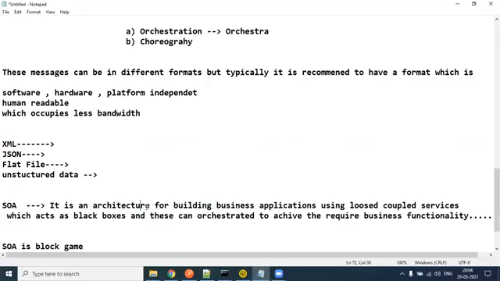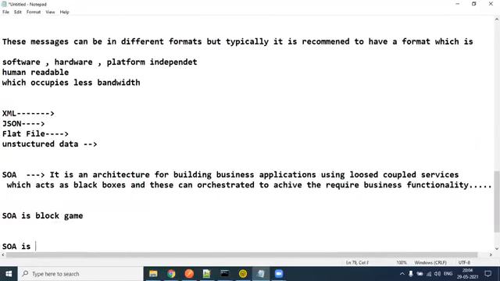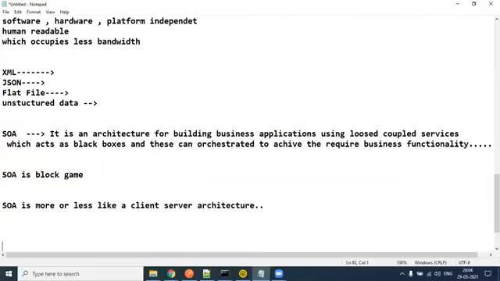So the point I'm trying to say is that service oriented architecture, SOA, is more or less like a client server architecture. What is client server architecture?